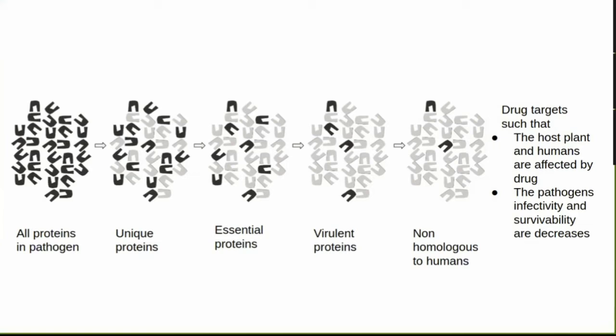The drugs which bind to this subset are such that they do not have any effect on the host plant or human life but decrease the infectivity and the survivability of the pathogen.